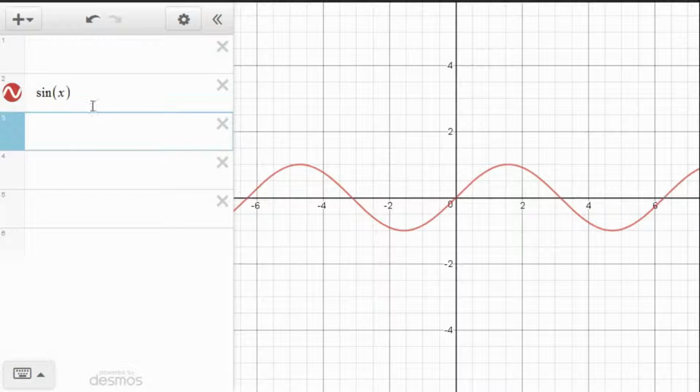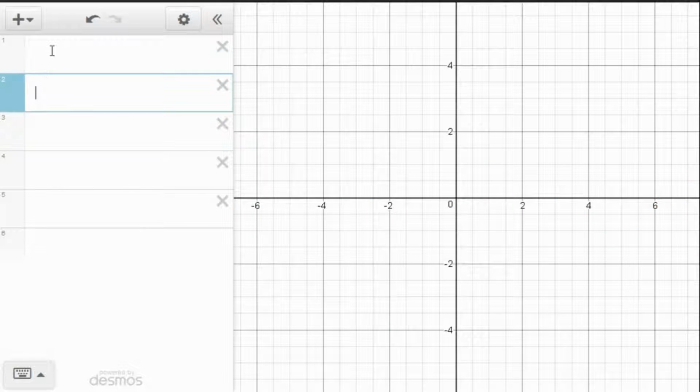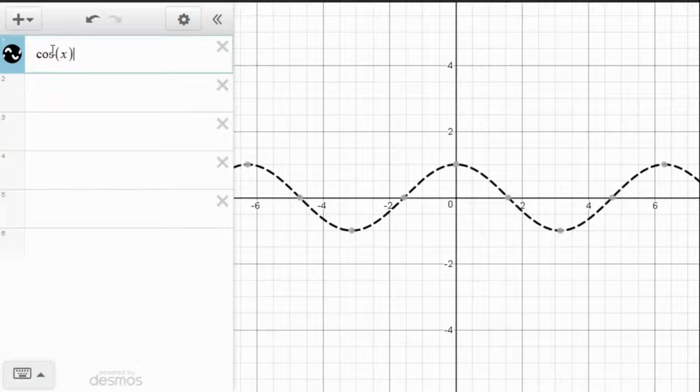So let's get started with cosine of x. This is the curve that we want to somehow emulate with sine. So let's think about what relates sine and cosine. Sine and cosine are co-functions, and the co stands for complementary.